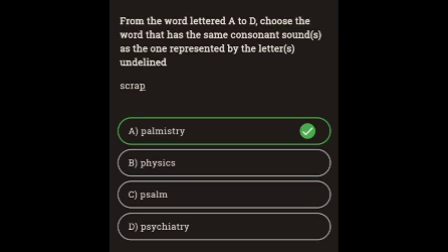Whenever P comes before an S, the P is going to be silent. That is the rule. So our correct answer will be palmistry. Only palmistry contains consonant sound P as underlined in the word scrap.